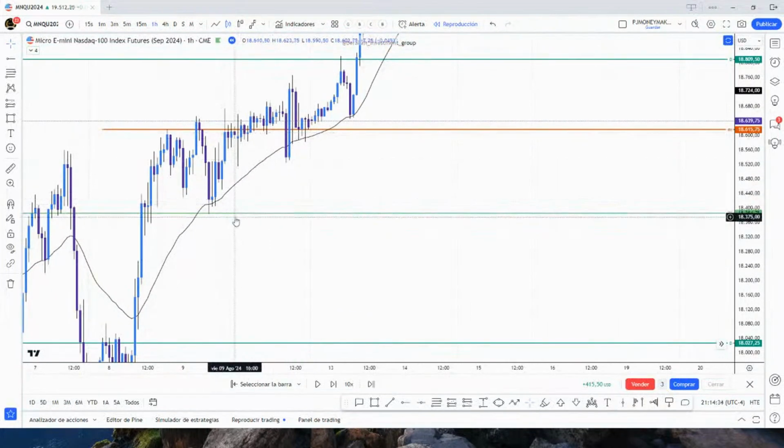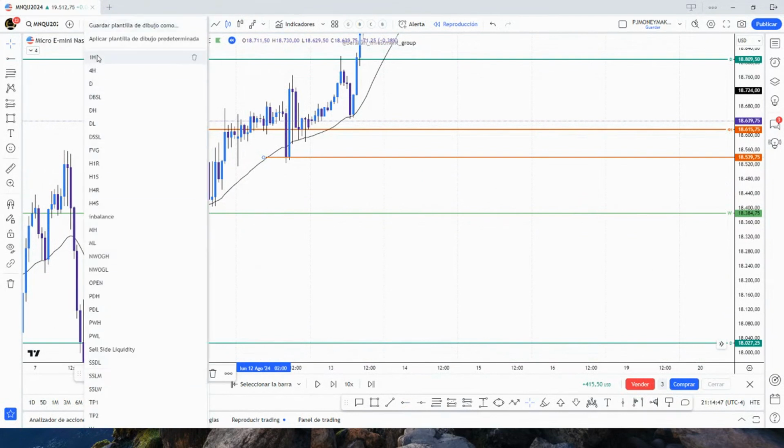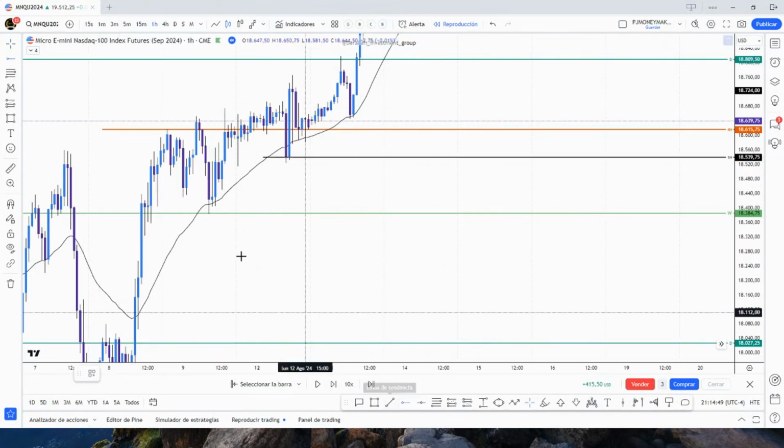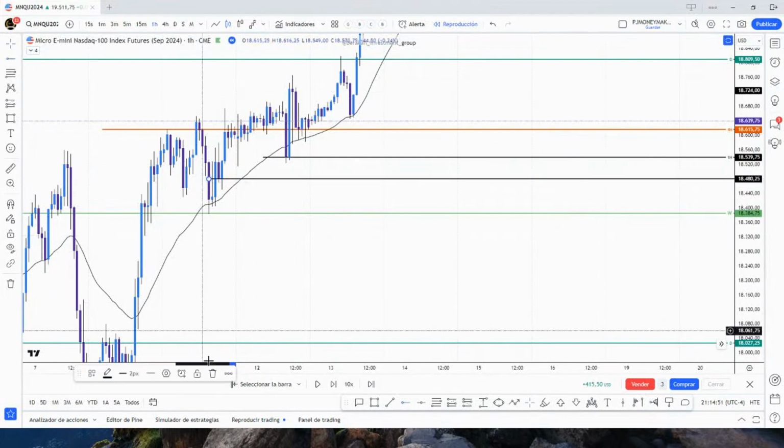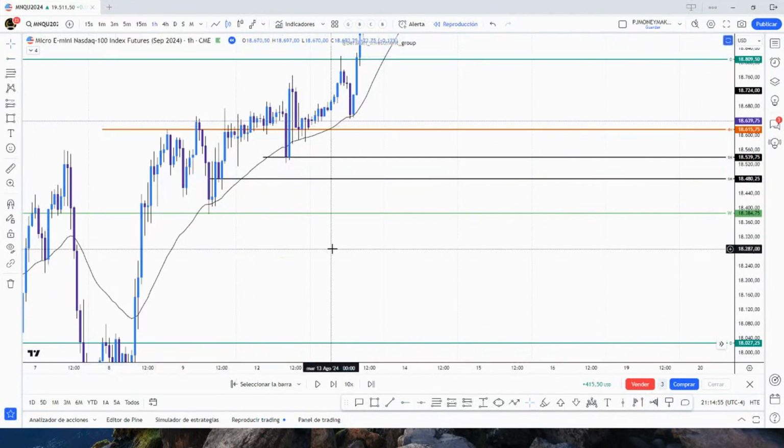Between here and here, we're looking for the engulfing. Why did the market retrace from there? Okay, we got engulfing right here. This is engulfing 1 hour. And this is engulfing 1 hour. This is engulfing right here too.